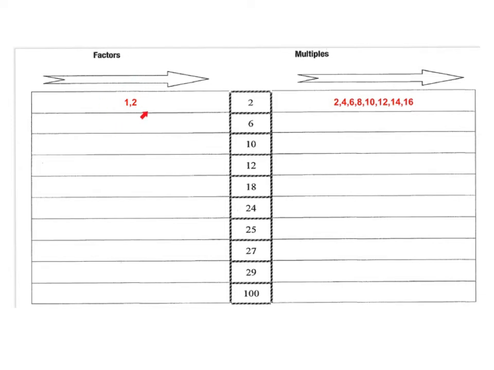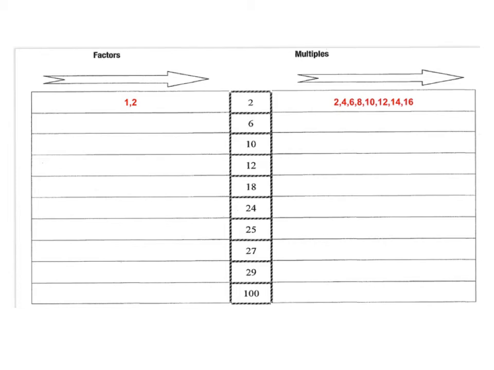Factors, though, do not go on forever. We know by now each number has its own specific number of factors based on what that number is. So let's take a look at a couple more examples on our chart. We're going to go down here to the number 18. If I start listing my factors of 18, I'm of course thinking to myself, what do I use to multiply together to create 18?